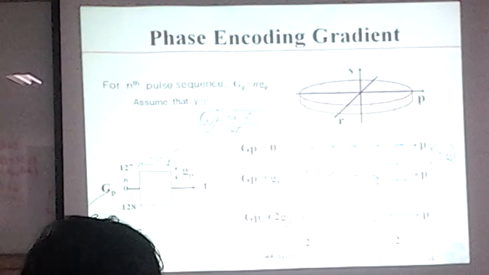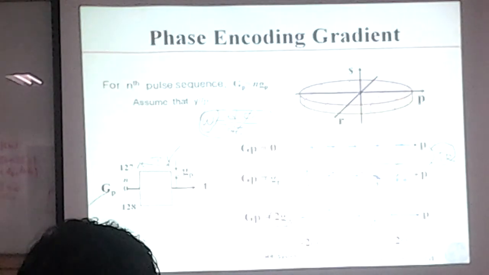But for this point, the phase variation is larger than at this point, because if this phase is 45 degrees, then this is 90 degrees, and this is 180 degrees.